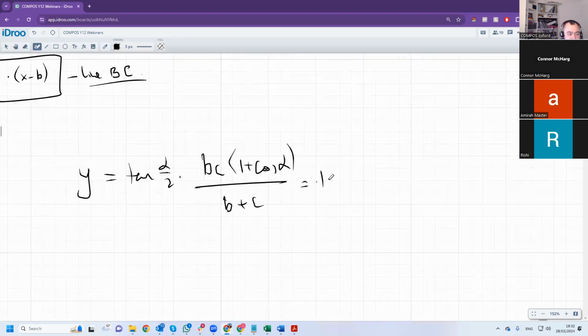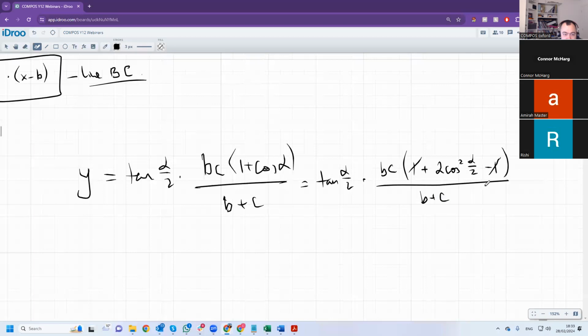We can say that this is equal to tan alpha over 2 multiplied by bc multiplied by, so this is 1 plus 2 cos squared alpha over 2 minus 1. Ooh, lovely. Divided by b plus c.